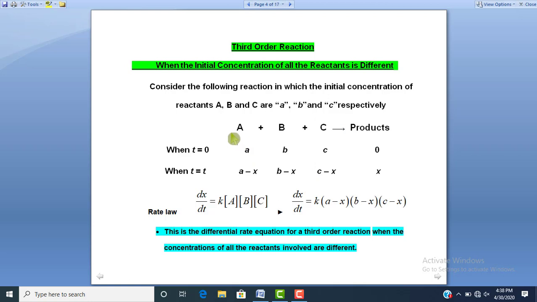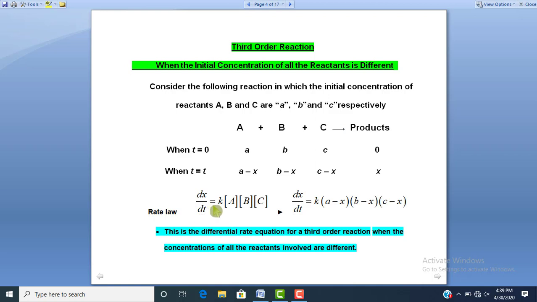So the remaining concentration of reactants A, B and C after time t will be a minus x for the reactant A, b minus x for the reactant B and c minus x for the reactant C. So dear students, if we apply the rate law for this third order reaction, then we will write in this term that the change in concentration of x with respect to time, or rate of reaction, will be written as dx over dt.